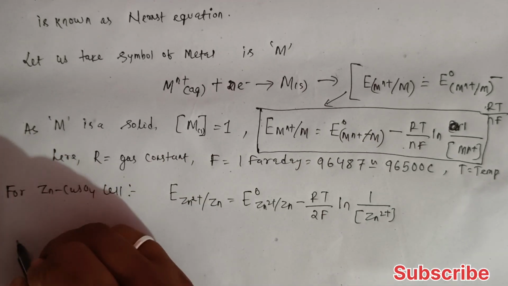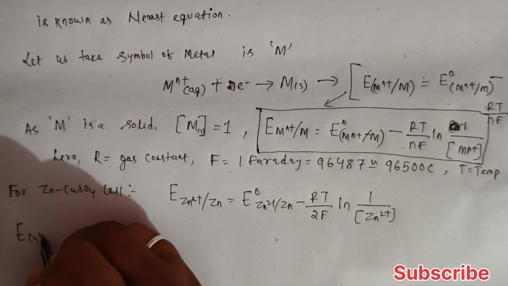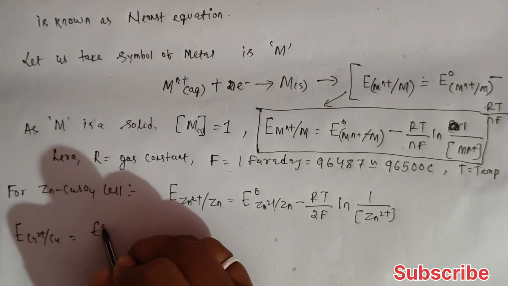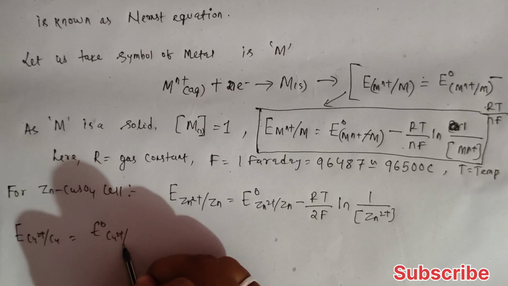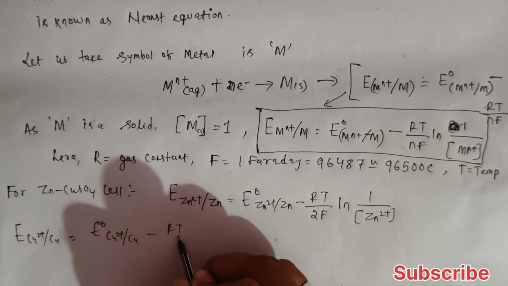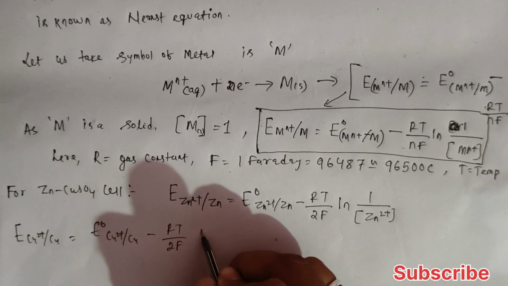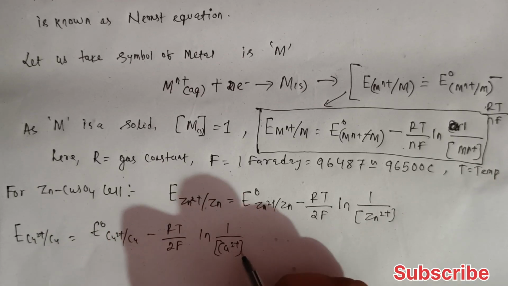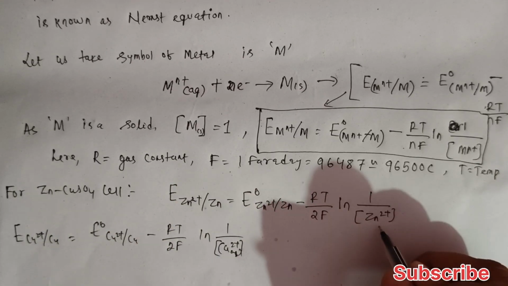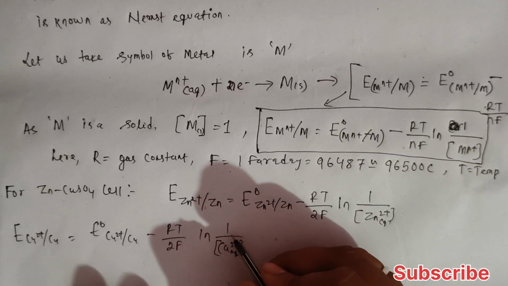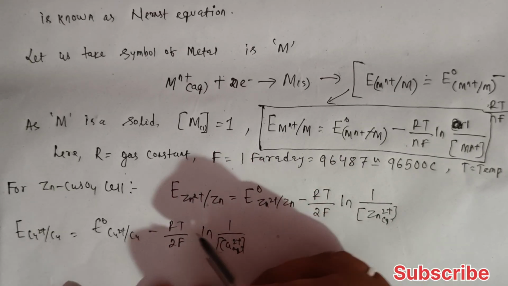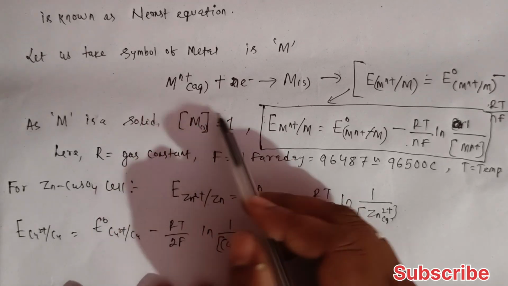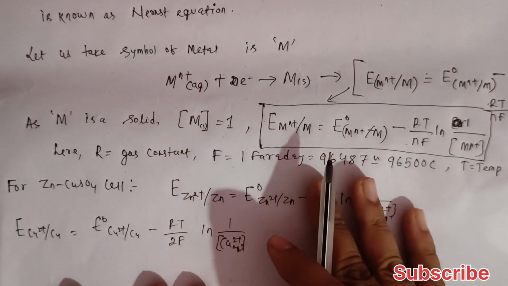For copper: E of Cu2+/Cu is equal to E naught of Cu2+/Cu minus RT by 2F ln 1 by Cu2+ aqueous. As we all know, the active mass of a solid, zinc or copper, is equal to 1. It is written here.